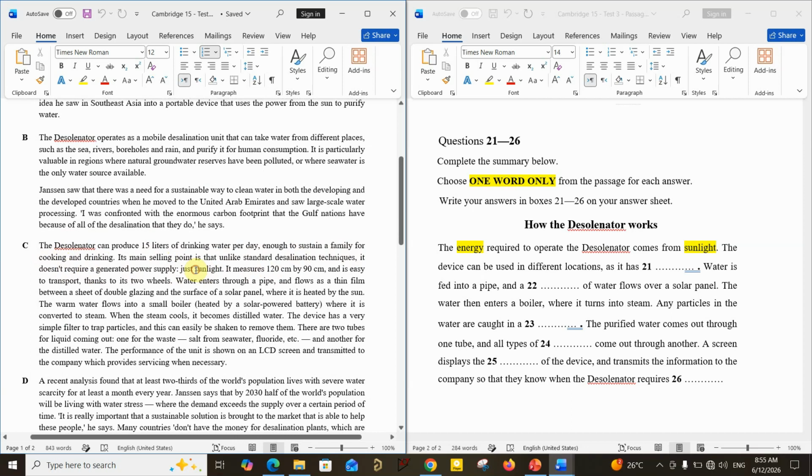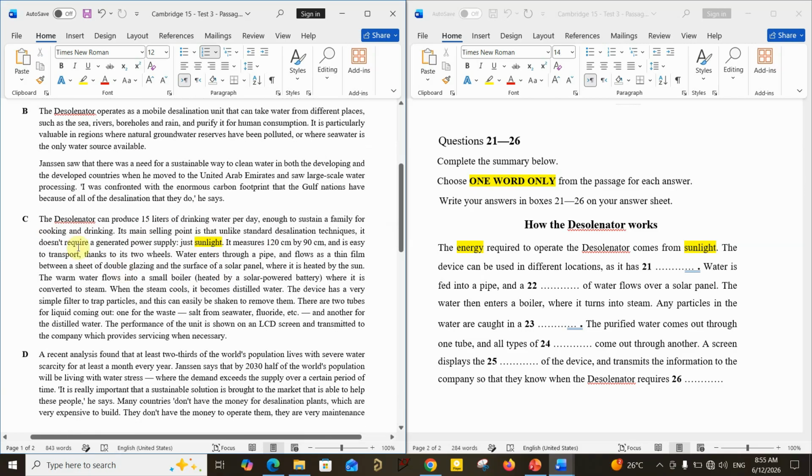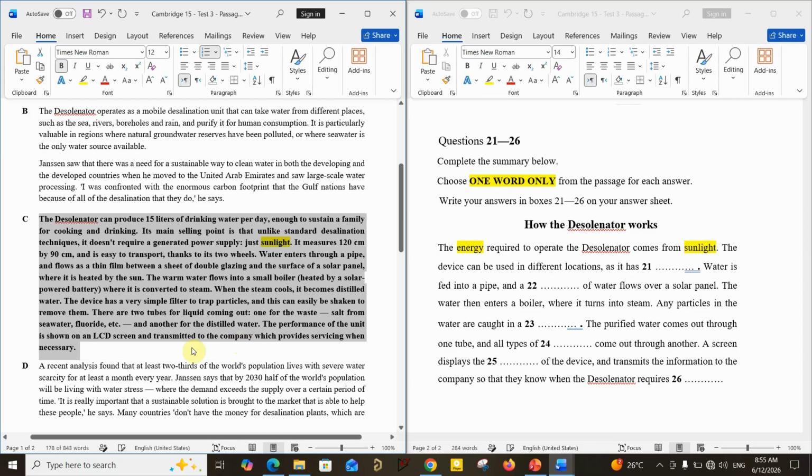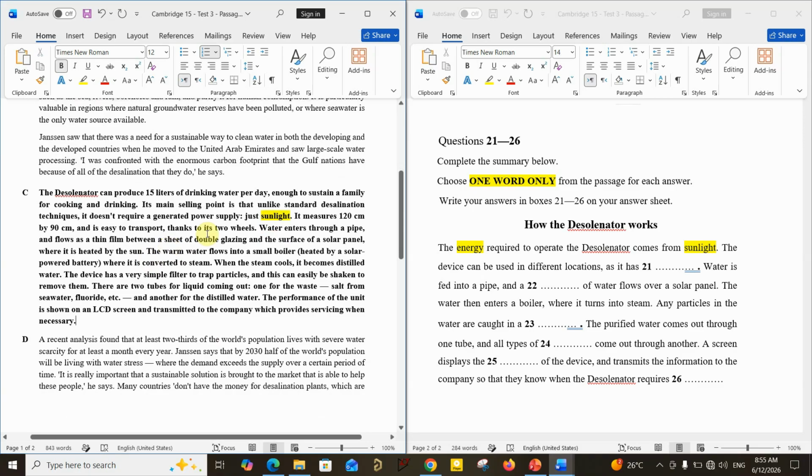Ta-da! This is sunlight. So you have to practice these skills to master it. This is where you can find the answers for this question, this paragraph. Now we have our concentration on this paragraph.